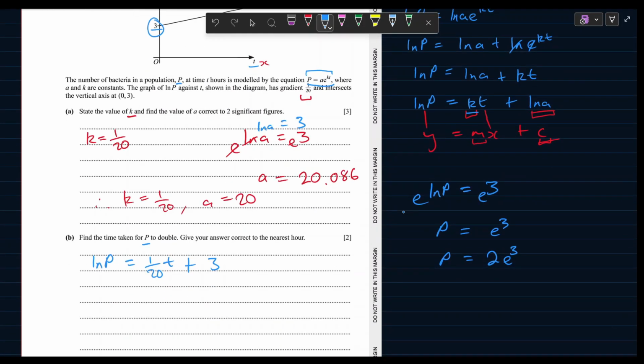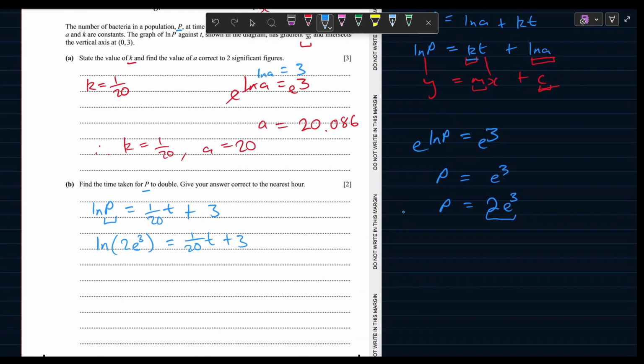So what we can do is to simply substitute P with 2e cubed into our equation, and then we solve for t, because t represents the time taken. So that's going to be ln 2e cubed is equal to 1 over 20 t plus 3.